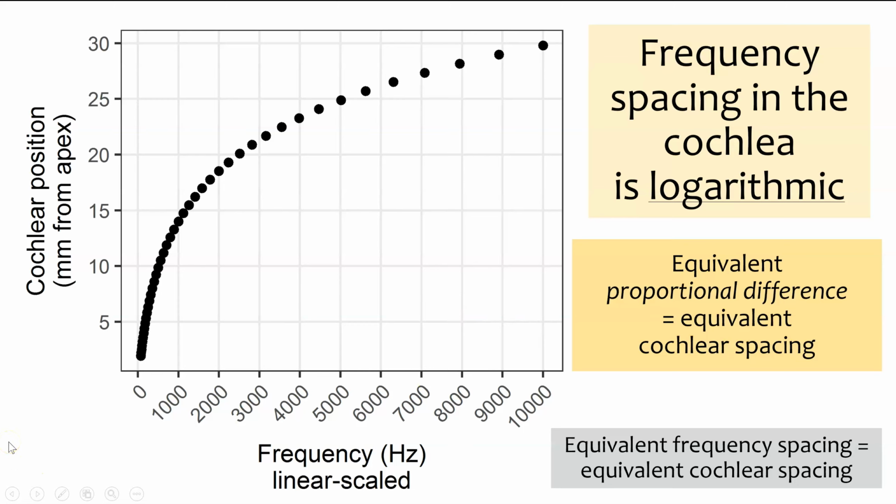So let's think about this logarithmically. Let's look at between 1000 and 2000. It's a difference in 1000 hertz, sure, but we can think of it as a doubling. And so in terms of cochlear space, we see about 4-ish, 5-ish millimeters representing that there. And we can follow this through by following this tick up and seeing where it intersects the y-axis.